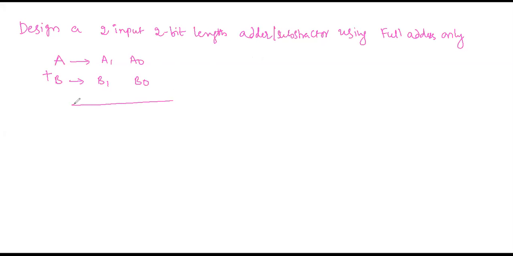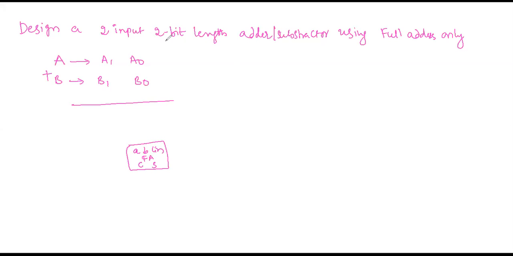When you do the addition of A0, B0, a full adder has 3 inputs: A, B, C. Outputs are sum and carry. This is one full adder.